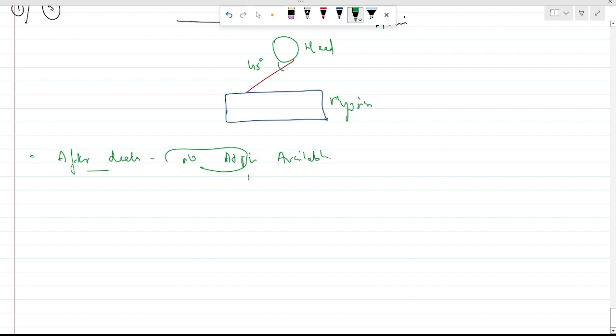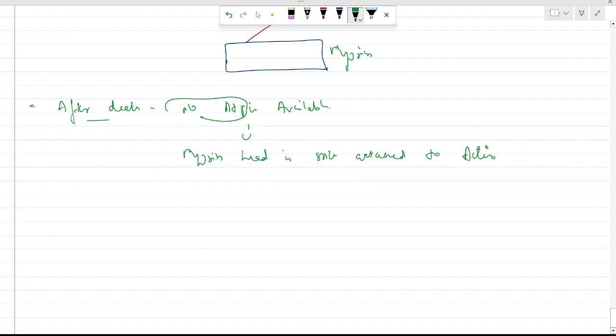Myosin head is still attached to actin, which is a very dangerous condition. It causes a state of sustained contraction.